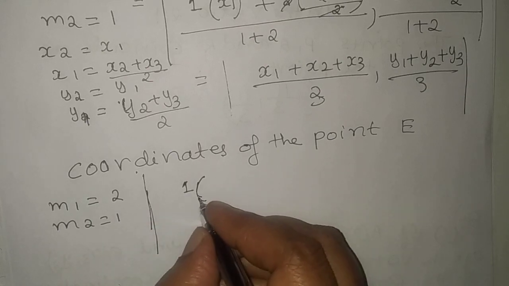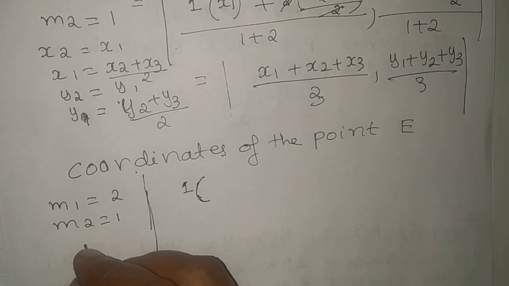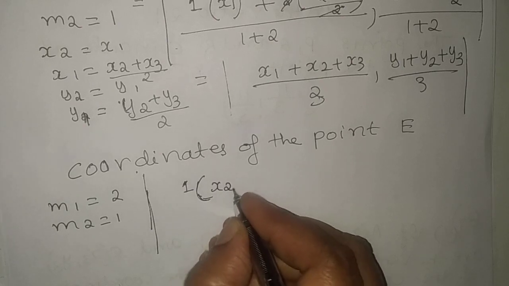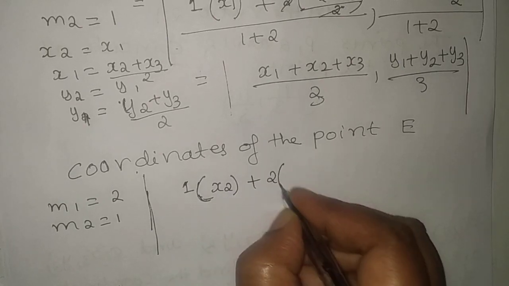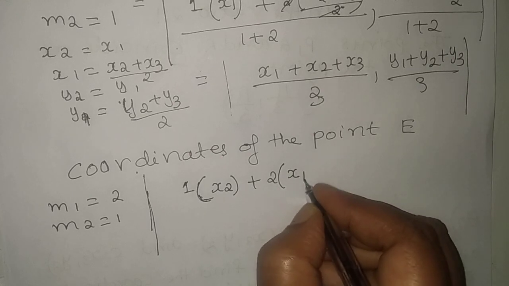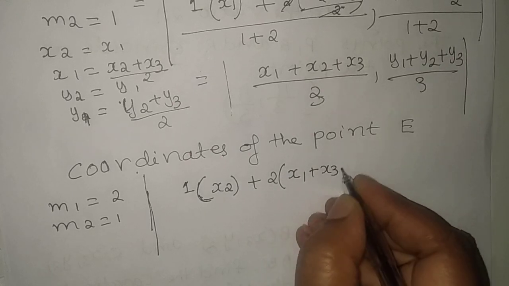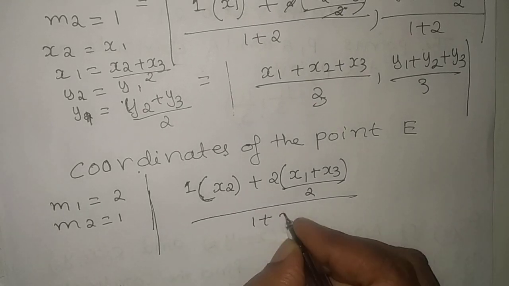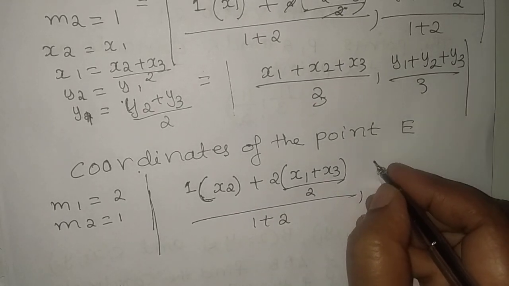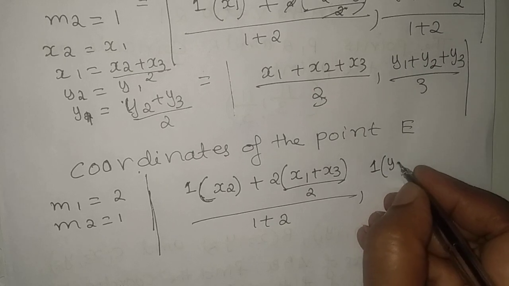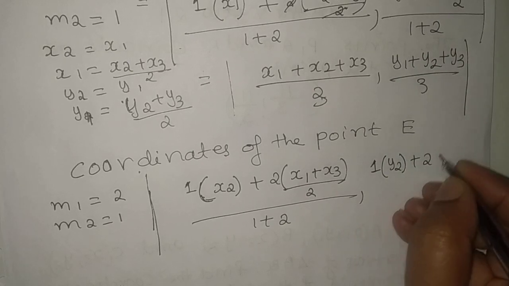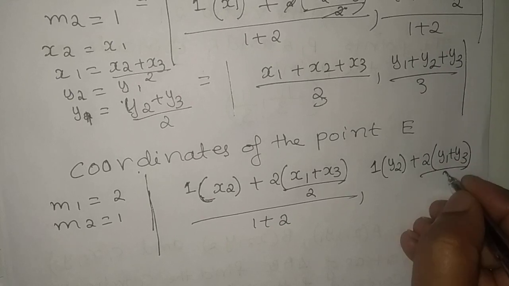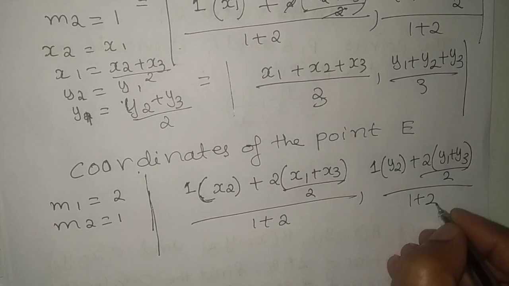Then here x1 will be, here we'll get x2 plus 2 into x1 plus x3 by 2, then 1 plus 2. Similarly, 1 into y2 plus 2 into y1 plus y3 by 2, here 1 plus 2.